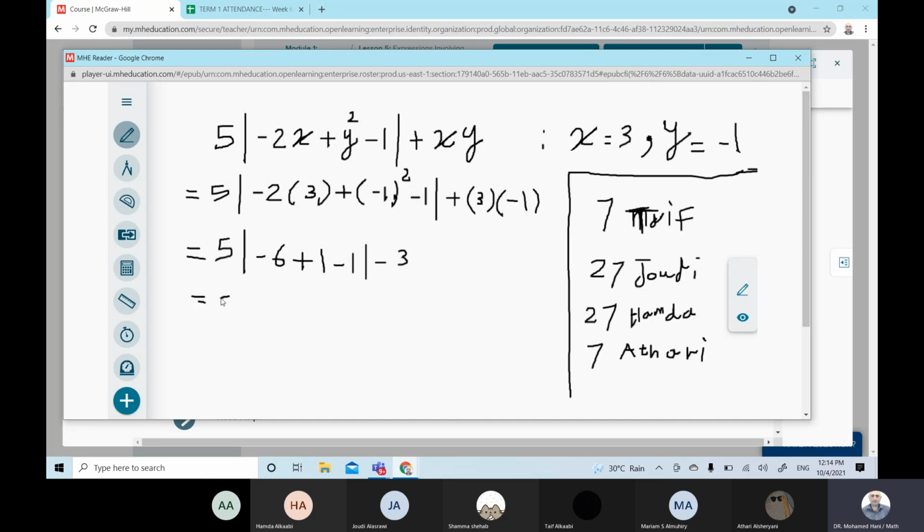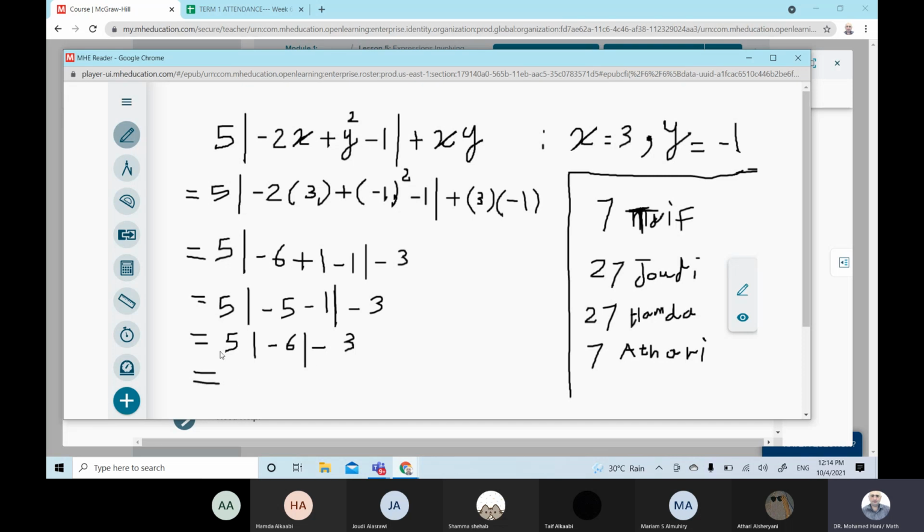Here we have 5 between the absolute value. Minus 6 plus 1 will be minus 5. Then minus 5 minus 1 minus 3. Then rewrite. We have here 5, the absolute value of minus 5 minus 1 will be minus 6, minus 3.